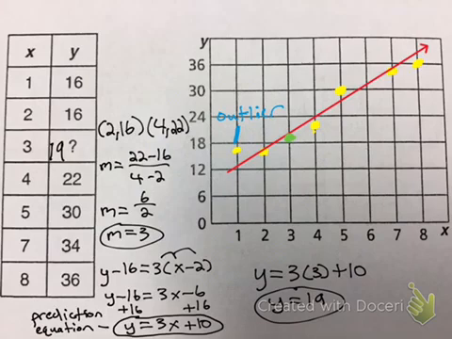Then from there, find our slope. After we find our slope, we use either one of the 2 points we chose in our point slope form, y minus y1 equals m times x minus x1. From there, we distribute, put it in slope intercept form, which is our prediction equation, and plug in the x, and we're good to go.